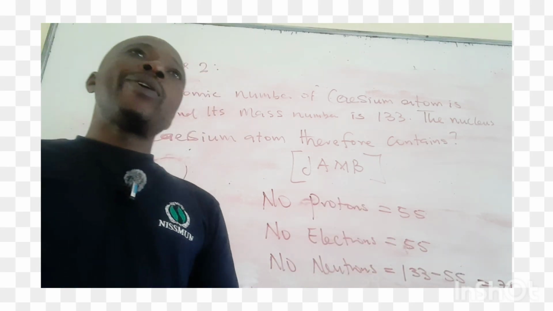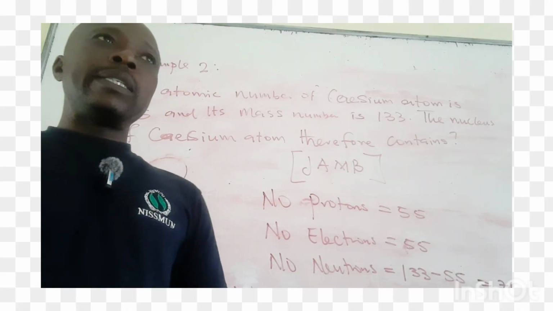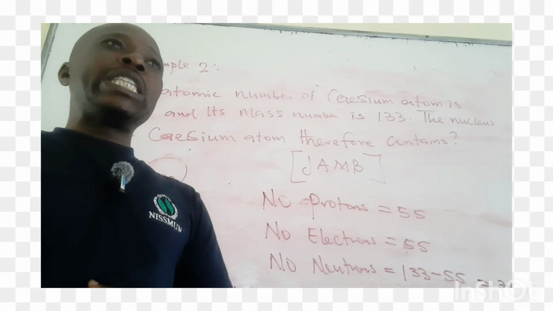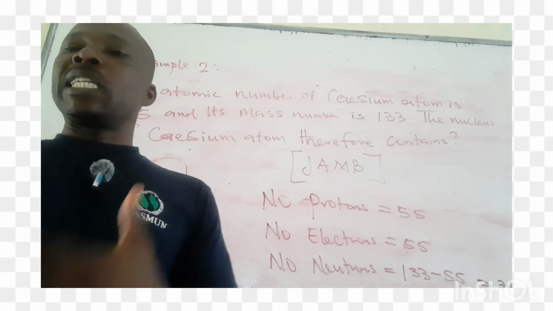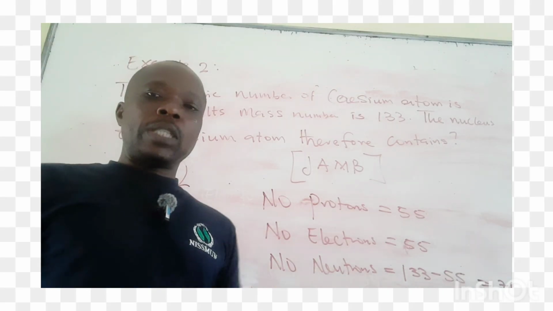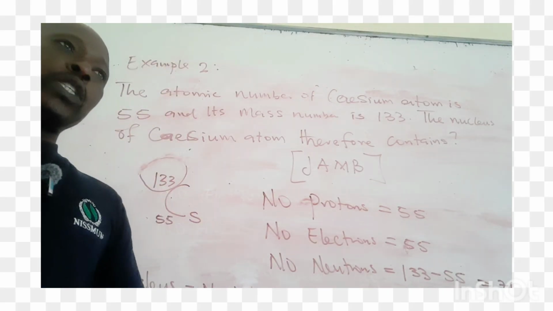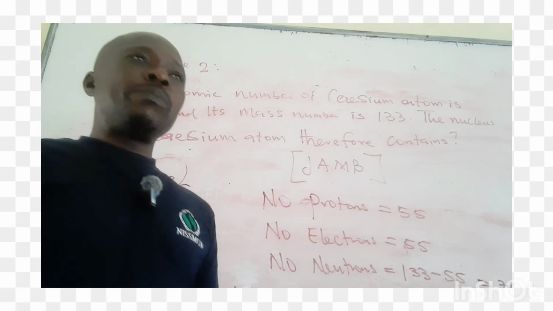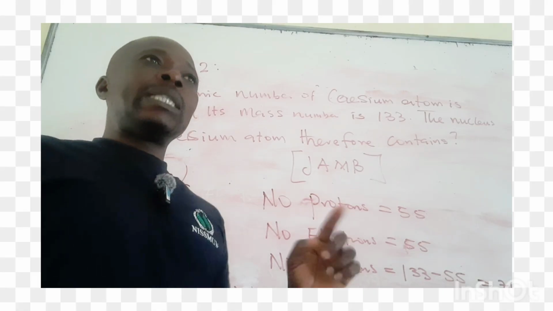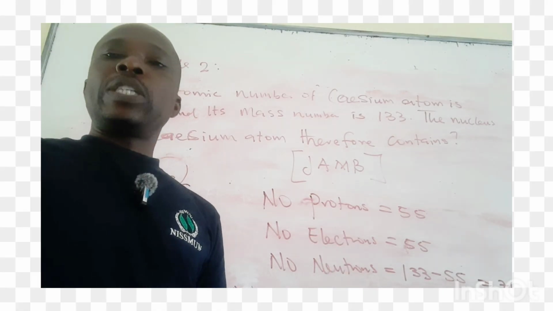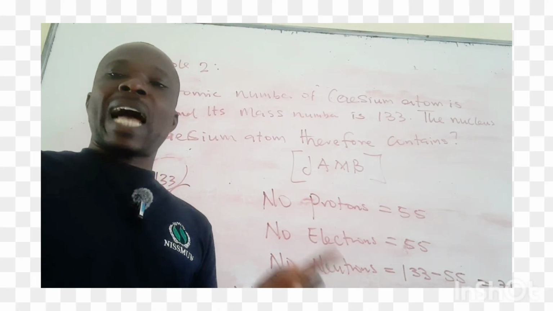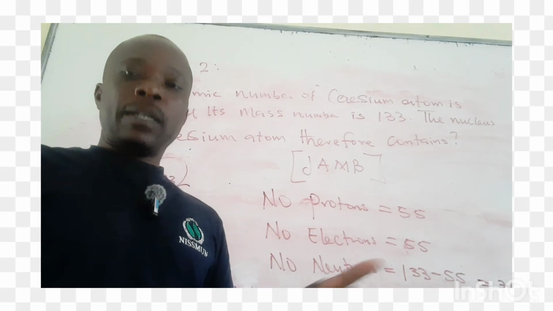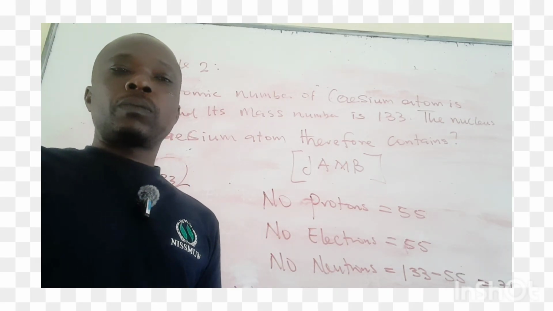But in an ion, that is not the case. Depending on the charge the ion is carrying, whether it is a negatively charged or a positively charged species. If it is a positively charged species, it means that it has more protons than electrons. If it is a negatively charged species, it means that it has more electrons than protons.